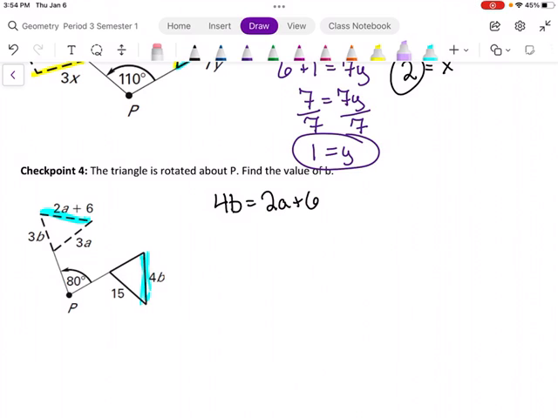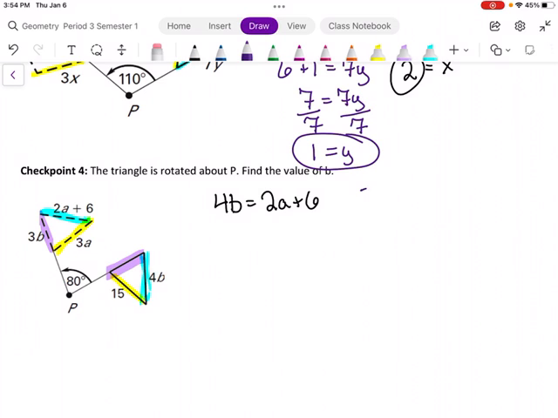And some other information, we know this 3b is congruent to that side, which doesn't really help us because there's no information there. So then we know this side length here is 15, which would leave that other side length to be equal to 3a.